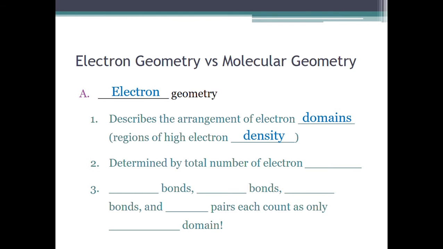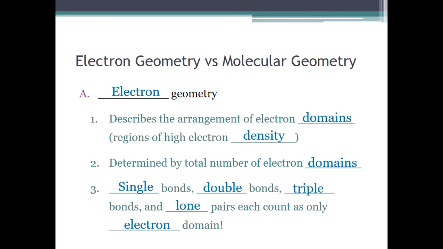Your electron geometry is determined by the total number of electron domains, so by all the different places you can find electrons. For our purposes here in electron geometry, single bonds, double bonds, triple bonds, and lone pairs all act the same. They all count as only one electron domain.